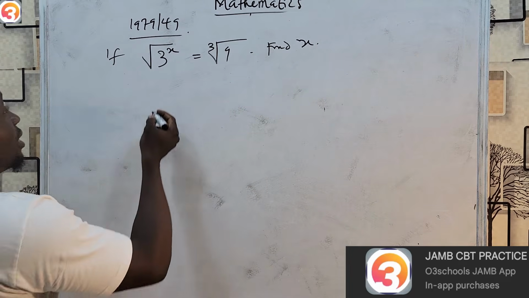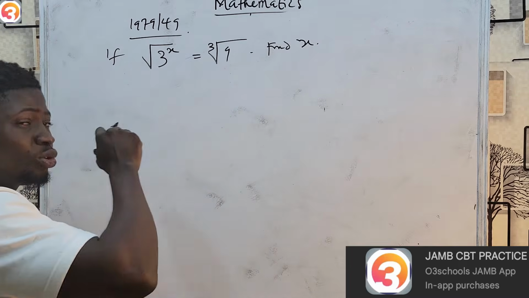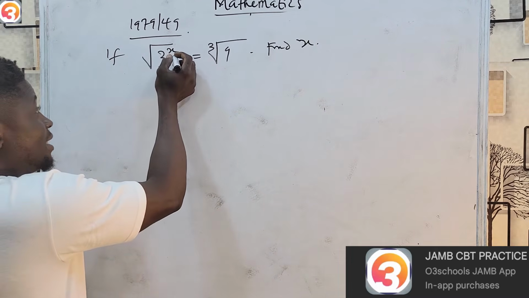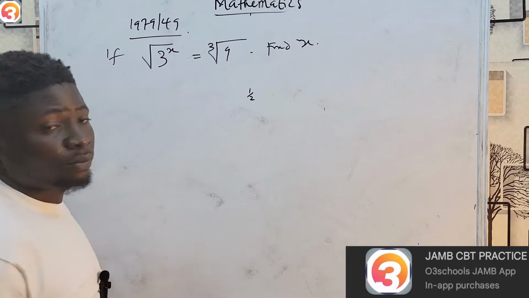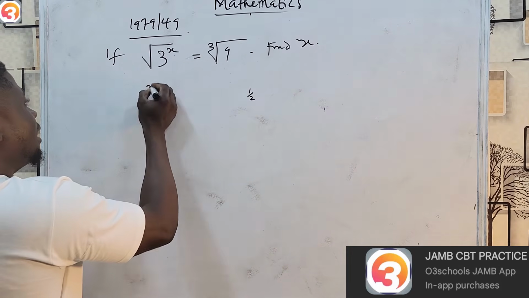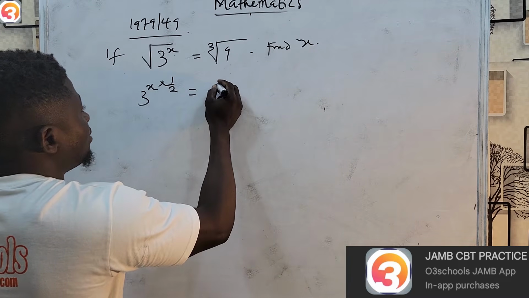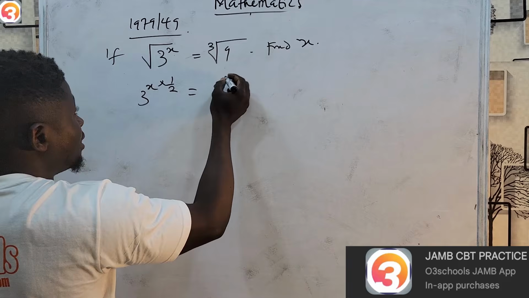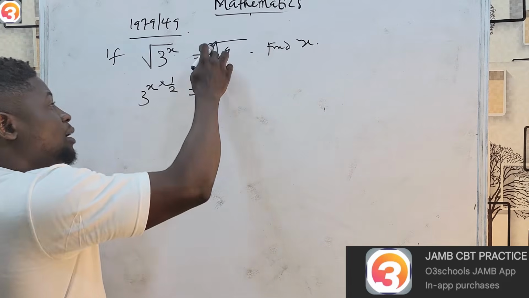So you have 3 raised to power x is equal to the third root of 9. For our indices, square root means power of 1 over 2, and third root means power of 1 over 3. So that means I'm going to have 3 raised to power x times 1 over 2 is equal to 9 raised to power 1 over 3.